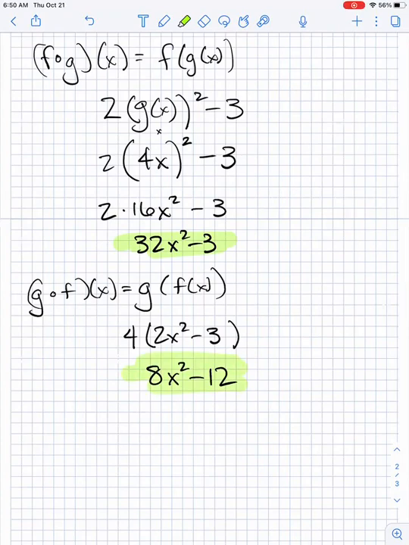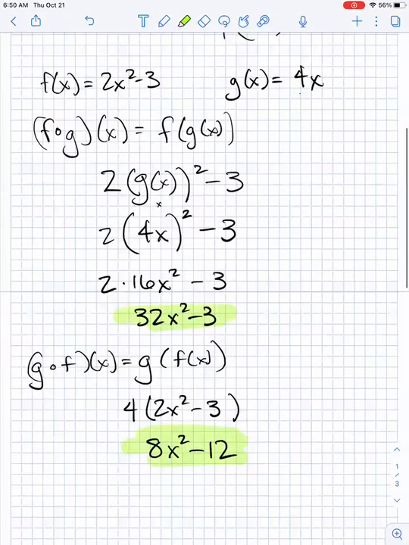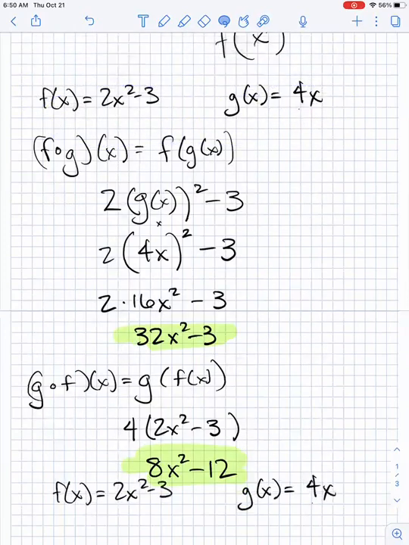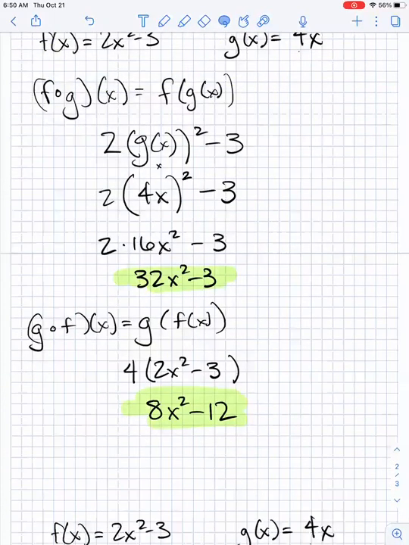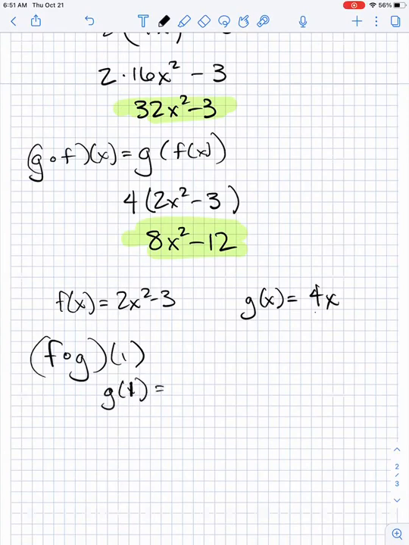So you can evaluate functions, meaning you can plug numbers in. So using these same two examples, give me a sec, I'm going to move them down. So given these two same examples, if we were to find f of g of 1, what this means is I'm going to find g of 1, which would be 4 times 1, or 4.